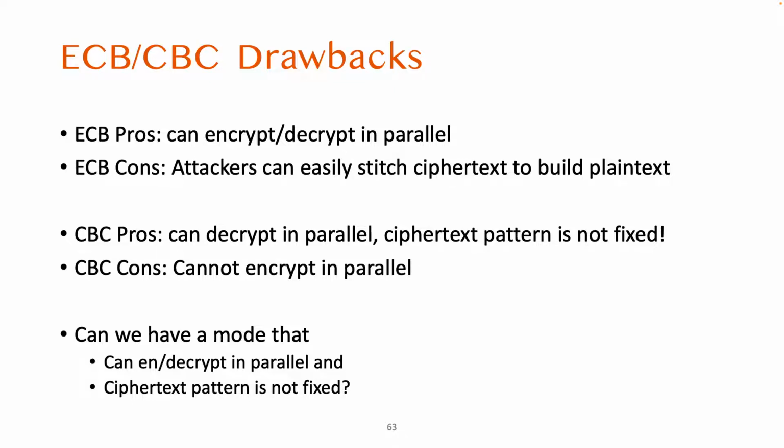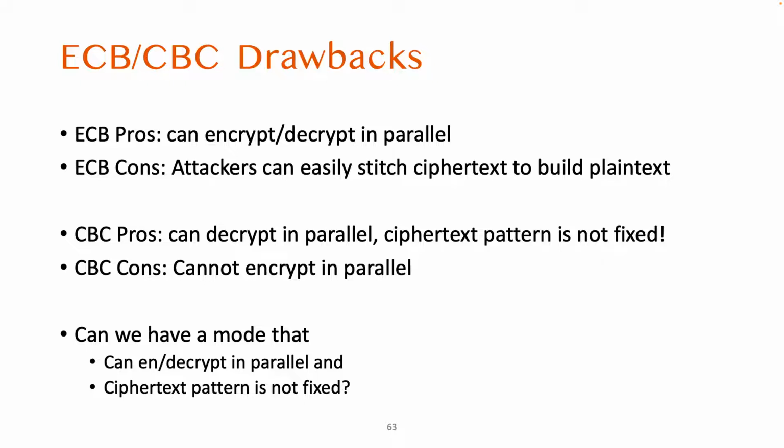Another good thing is that it does not have a fixed pattern in the plaintext and ciphertext pair. So directly switching the ciphertext blocks will not work for valid decryption. But the problem is that there's still a way to manipulate the plaintext by screwing up some of the ciphertext, because that will be XORed directly to the plaintext.